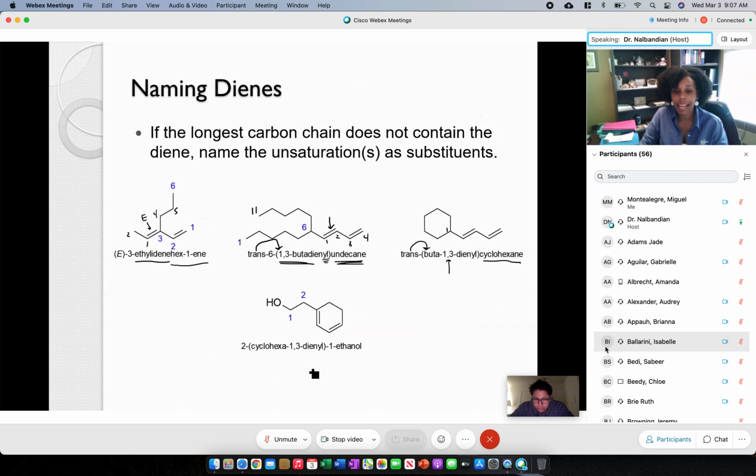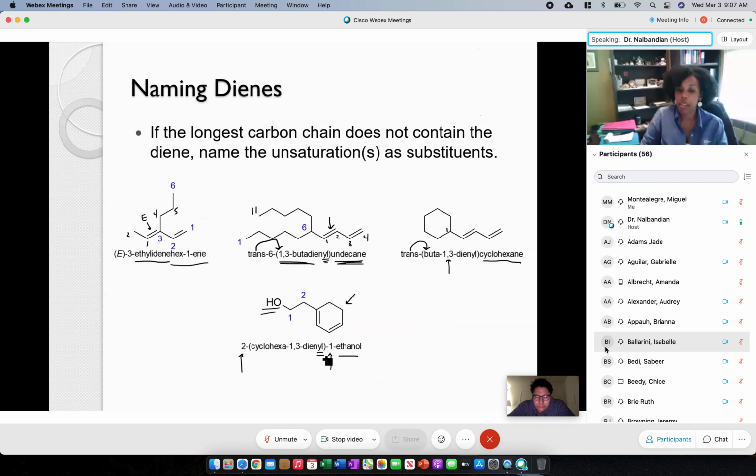All right, now for our last example here, we have an alcohol, and we know the alcohol is the highest priority. And so if the alcohol is highest priority, then this becomes a substituent on the alcohol chain. So we have an ethanol, a 2-carbon alcohol chain, where on carbon 1, we have the alcohol, and on carbon 2, we have this cyclohexadiene.